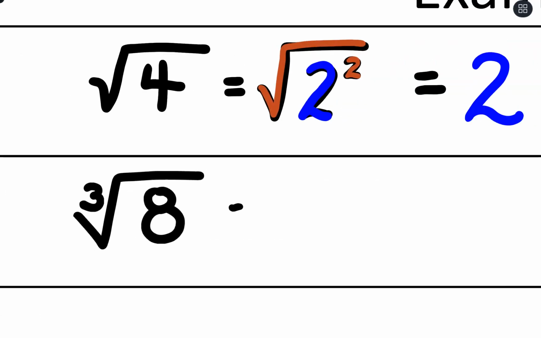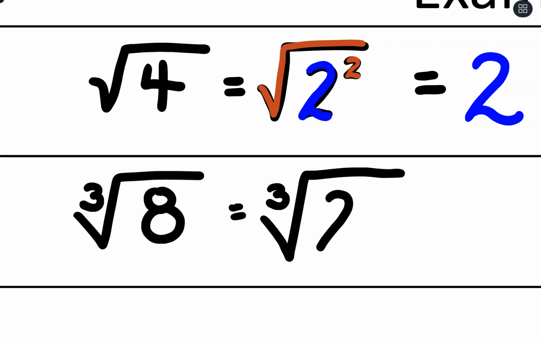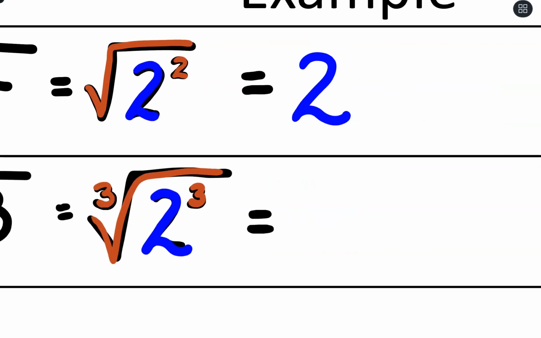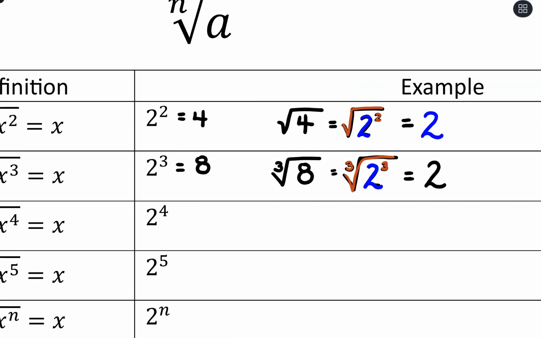All we could do, like we did up above, is rewrite it as the cube root of 2 cubed. And again, this cancellation occurs between the cube root and the cube of a value so that we're just left with the base of that cubed value. So if we're trying to answer what cubed gives us 8, well, that answer would be 2. So on and so forth.